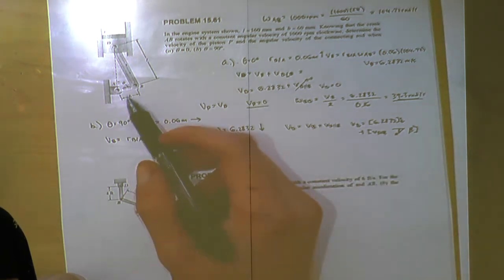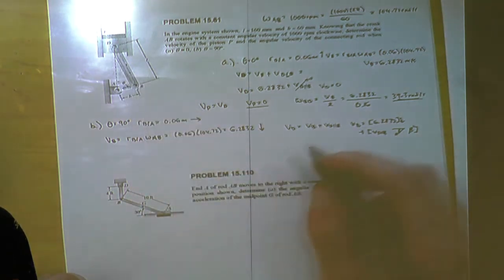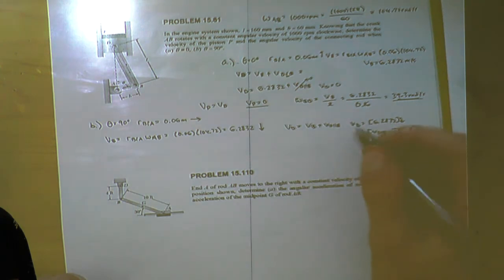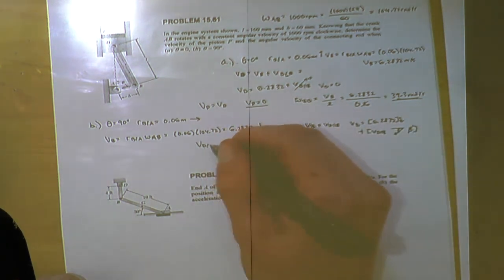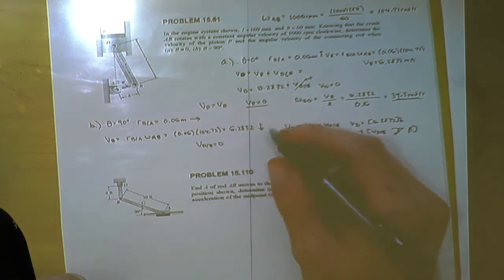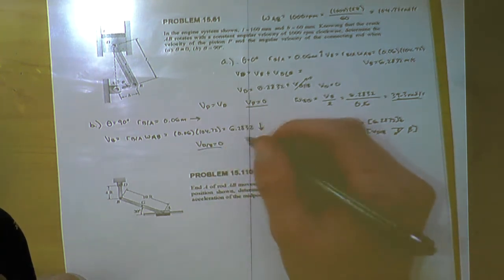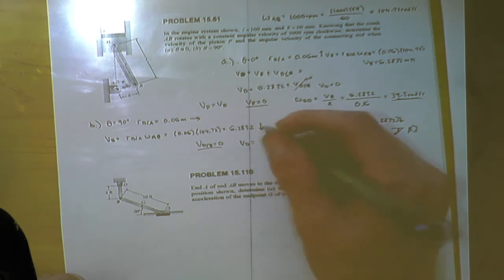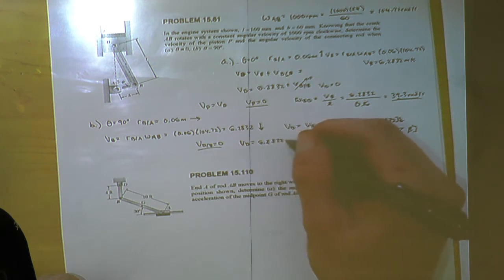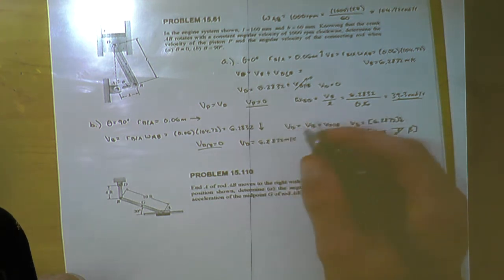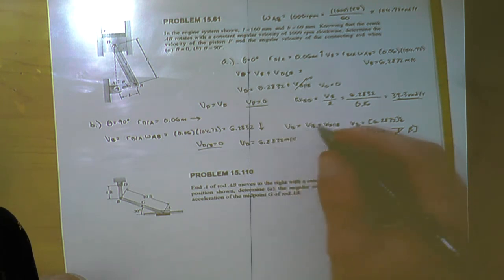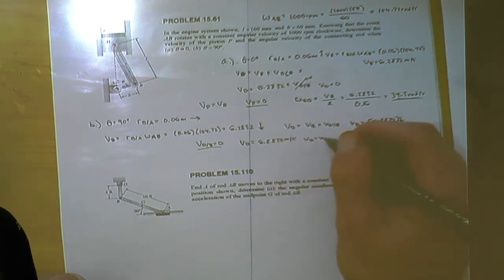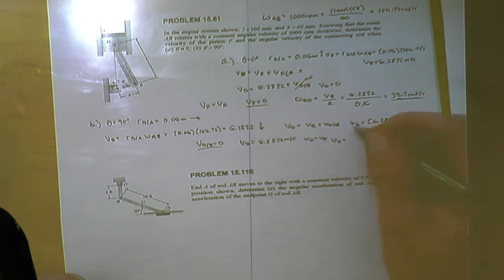Let's see, so D relative to B at this point is going to be equal to 0 this time. Therefore, your vD is going to be equal to 6.2832 meters per second. And vD is equal to vP, so vP is 6.2832 meters per second down.